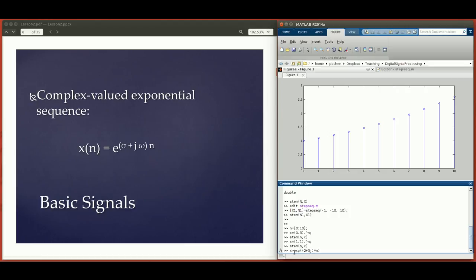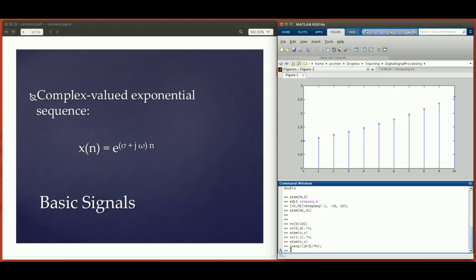A scalar multiplied by a vector is still a vector. The exp function is then applied element-wise on the resulting vector, component-wise. This way we get a complex sequence x.